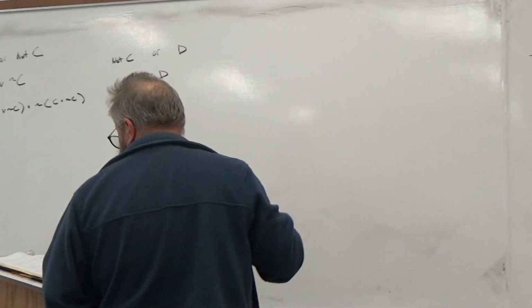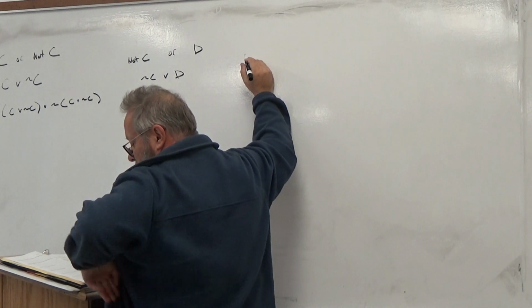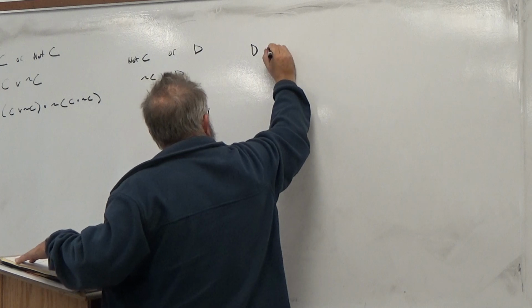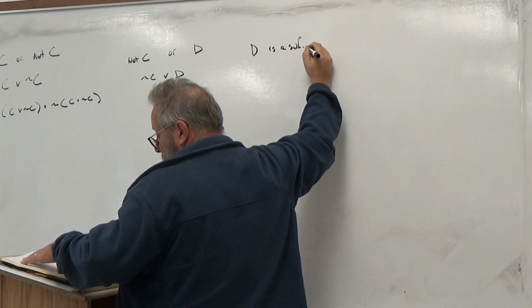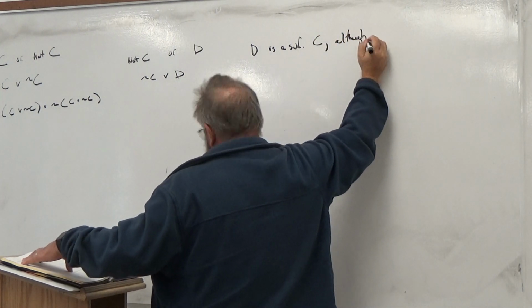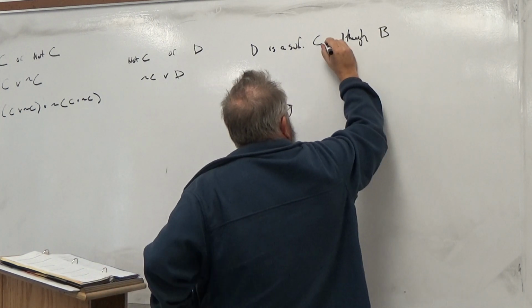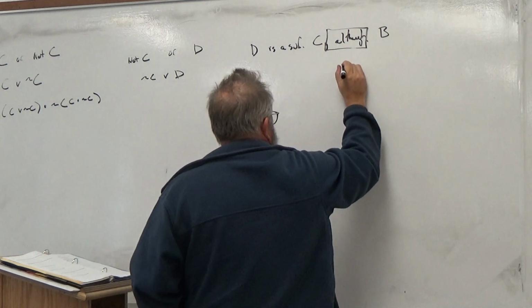Okay, so what number am I on? Am I on 19? Yes. Okay, Darla is a sufficient condition for Catherine, comma, although, Bob likes Beatles. Although is the main operator; although just means and.